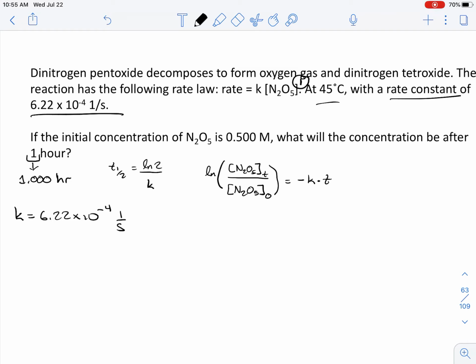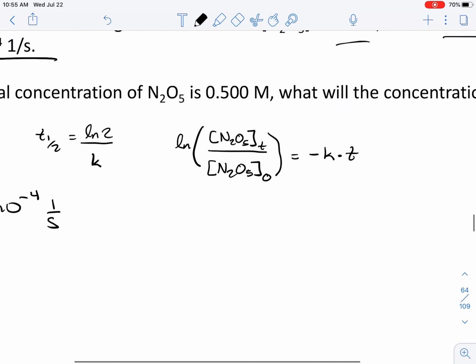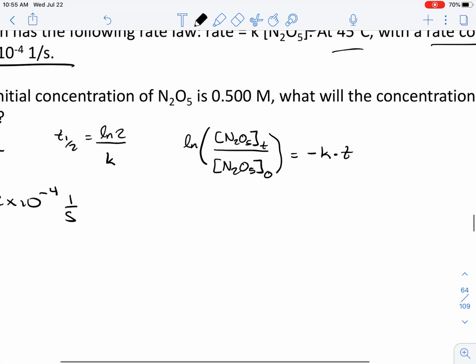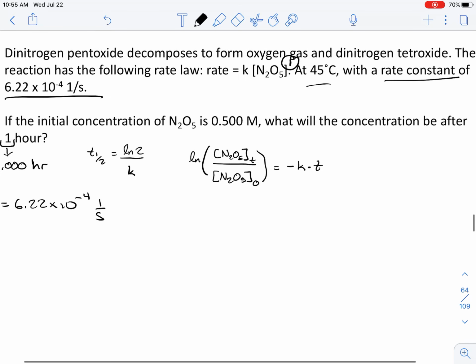And so if the initial concentration of this compound is 0.500, what will the concentration be after 1 hour? And so here in this case, what we're solving for is dinitrogen pentoxide after 1 hour has passed. Okay. And so let's go ahead and plug in these values here.